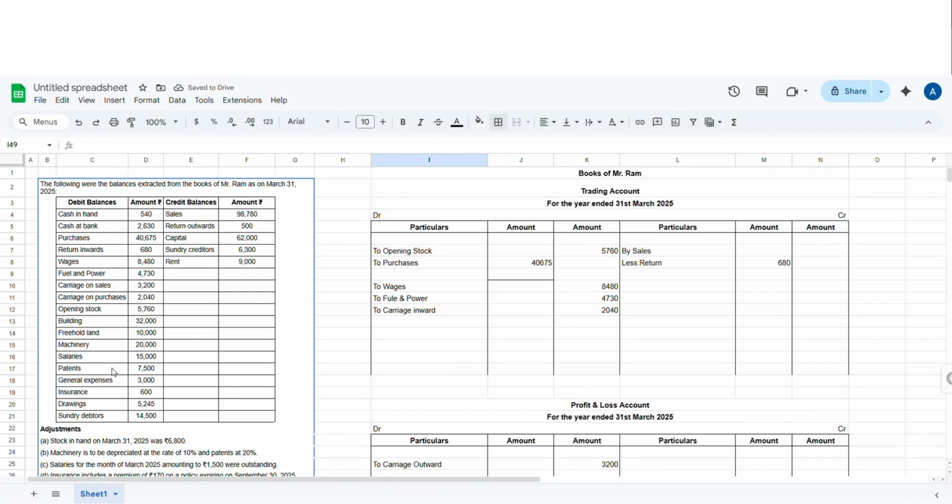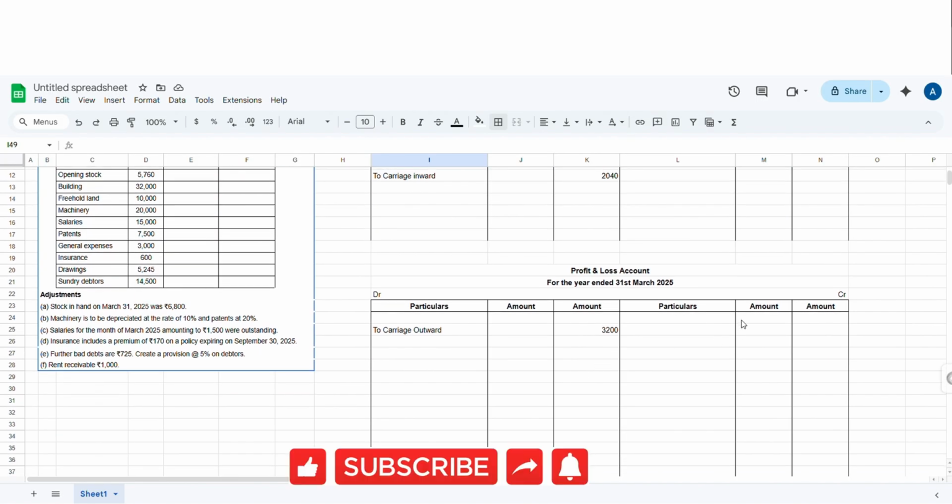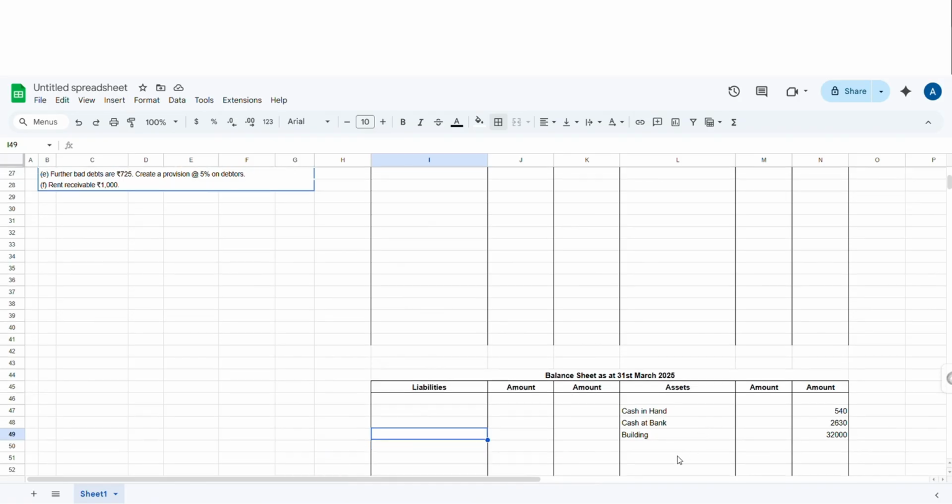Next we have freehold land, that is 10,000 rupees. That is open land. That is balance sheet asset side, freehold land 10,000 rupees.